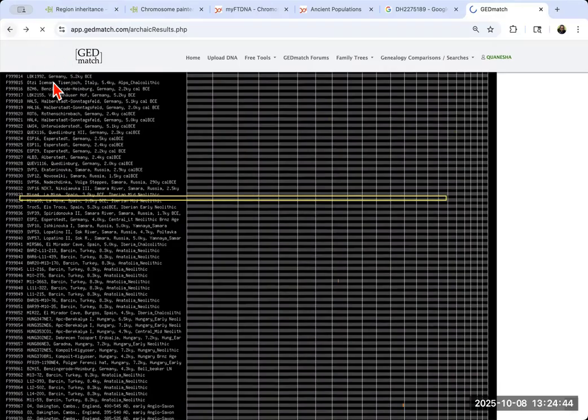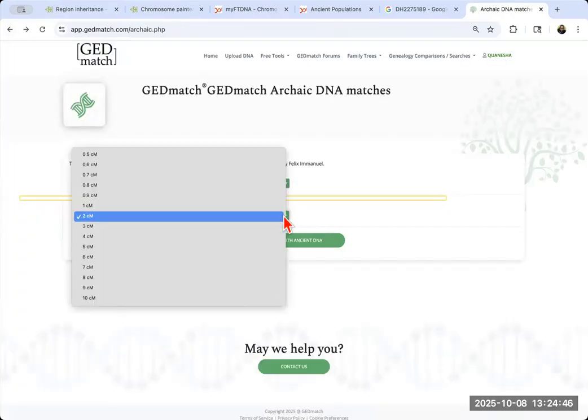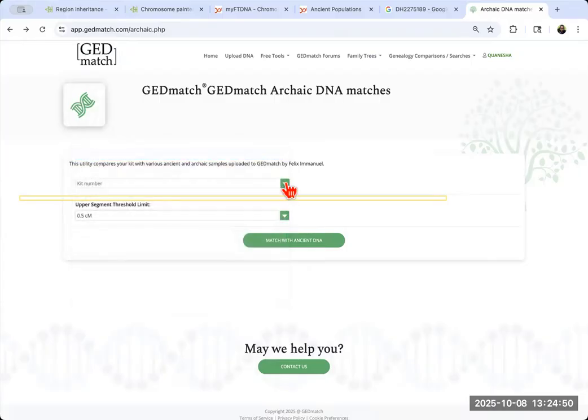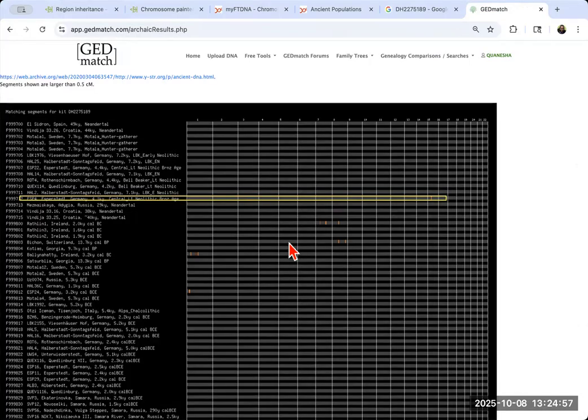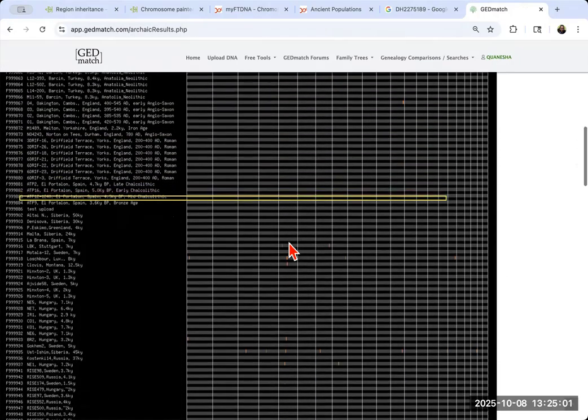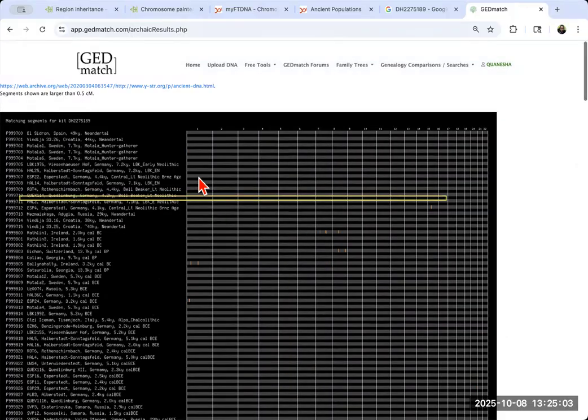Then we take that same test and I'm just going to jump to 0.5 for that same kit, and you're going to see that's still 0.2. Rerun that test.